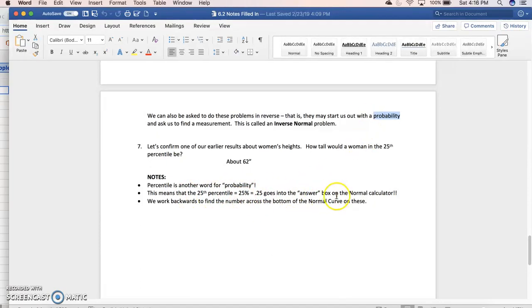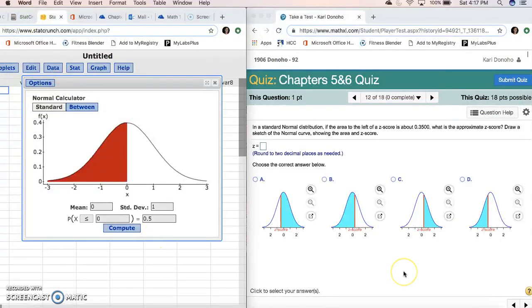So when we do these, we basically work backwards with that normal calculator. We're going to put a value in the quote answer box and work backwards. So that's where you can refer to in the notes and in that video if you would like to do that. But I'm also going to just show you a couple of examples.